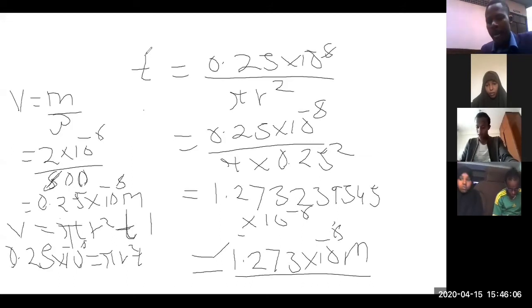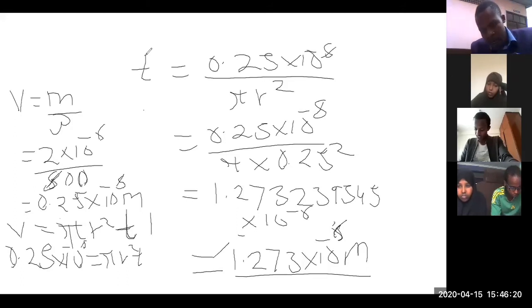So that is the thickness of an oil molecule, which is when the patch forms a monolayer. The thickness of that patch, or the size of the molecule, is 1.273 times 10 raised to negative 6.